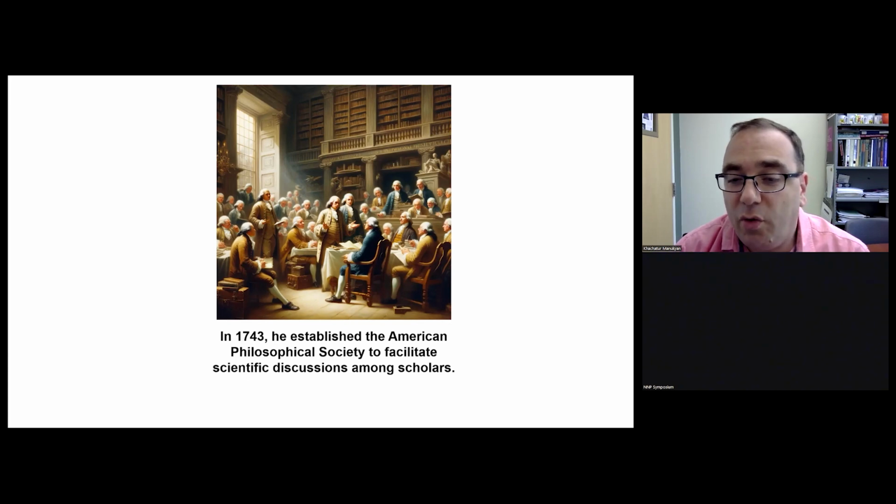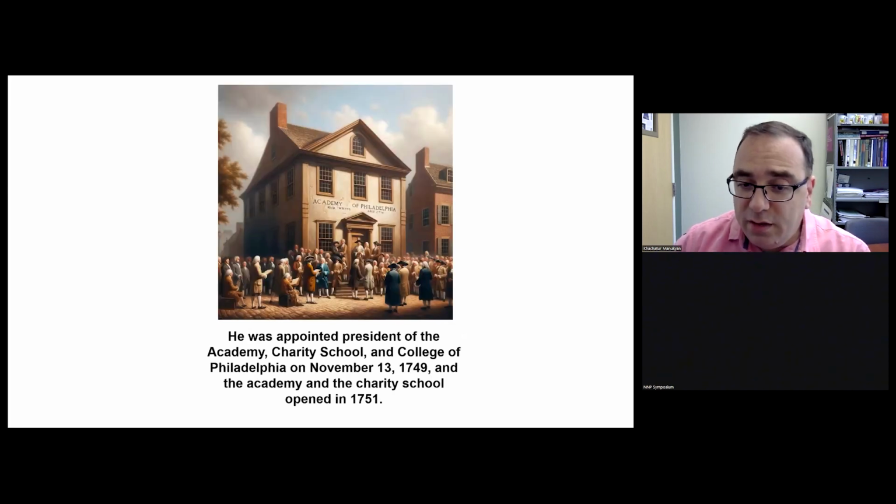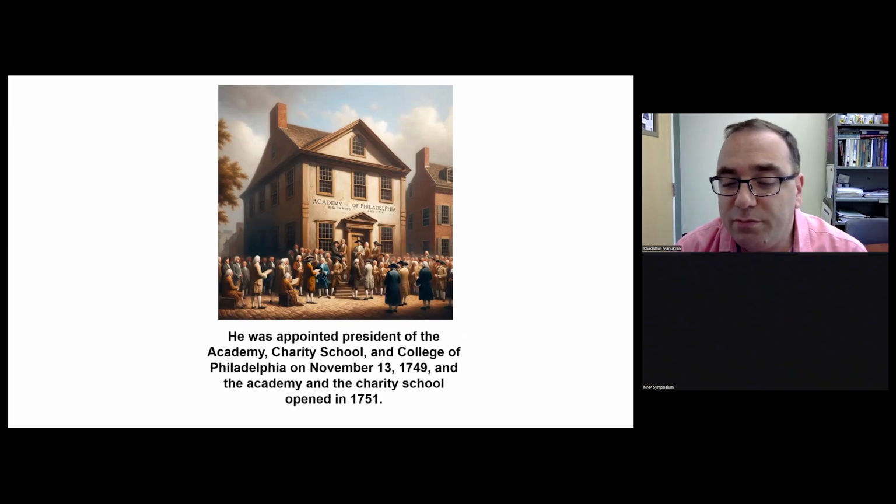This is the oldest society in North America, and it still exists. It was a place where natural philosophers would come to discuss science and philosophy. Then he also started to advocate very early on for having a college in Philadelphia.